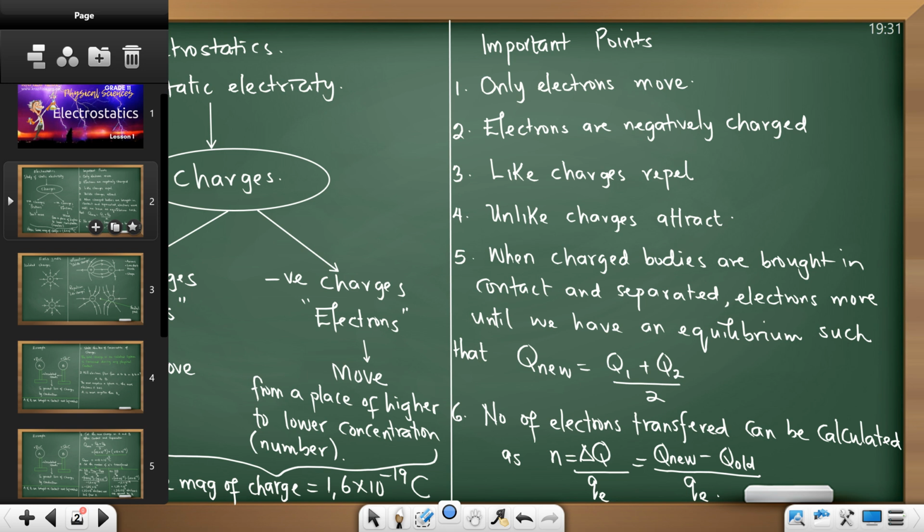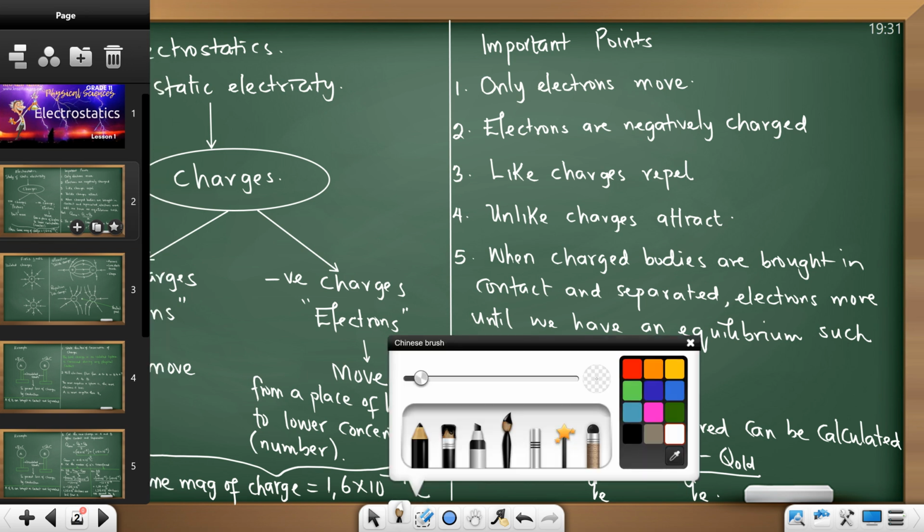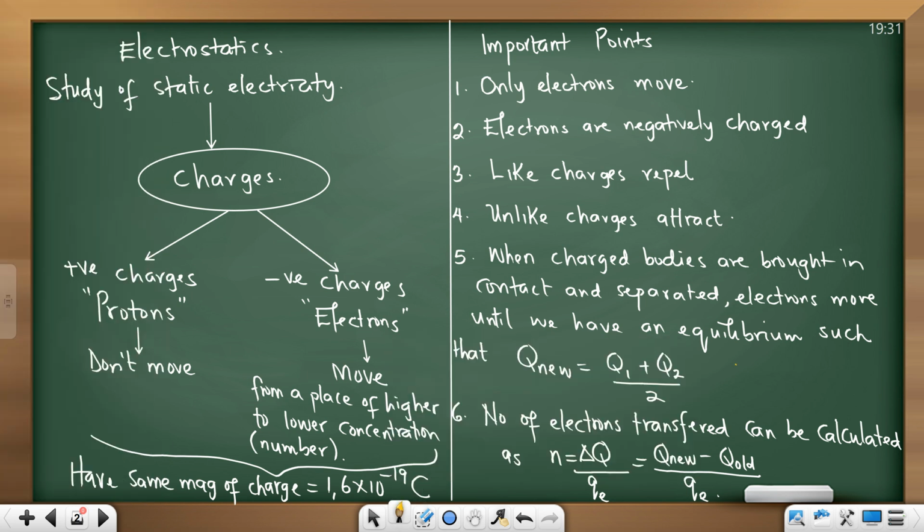Okay, until we have an equilibrium such that Q new. Okay. Let's just put something here, very, very key. What does this mean? It means Q1 new would be the same as Q2 new. Both have equal. I want us to spell it out. Both have equal what? Charges. I want us to spell that out clearly.